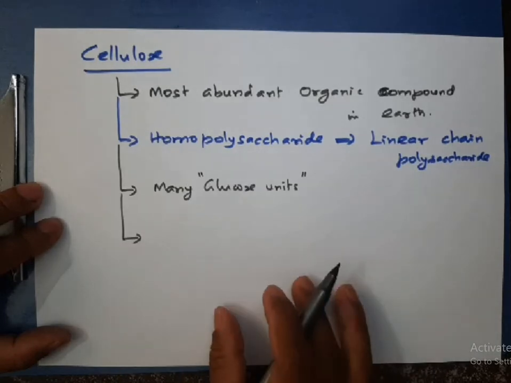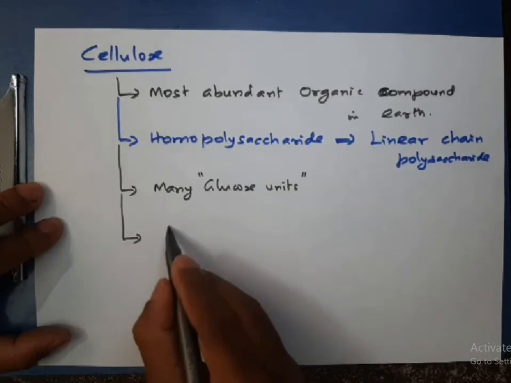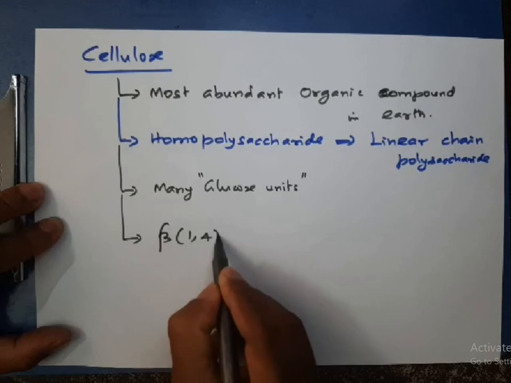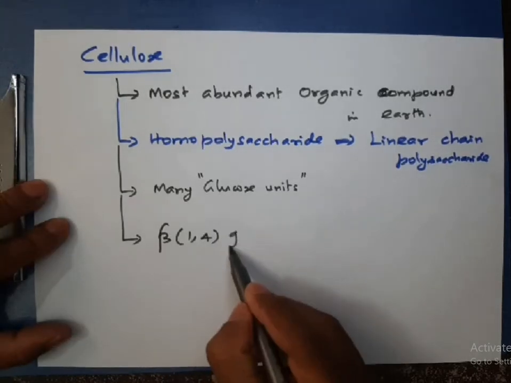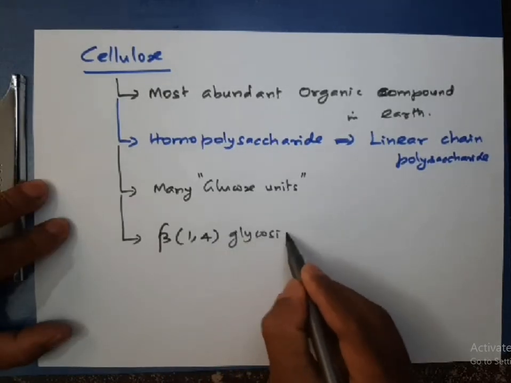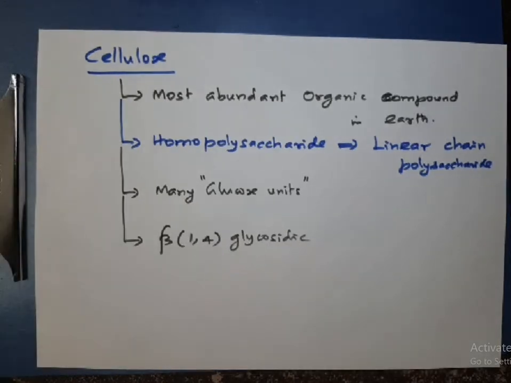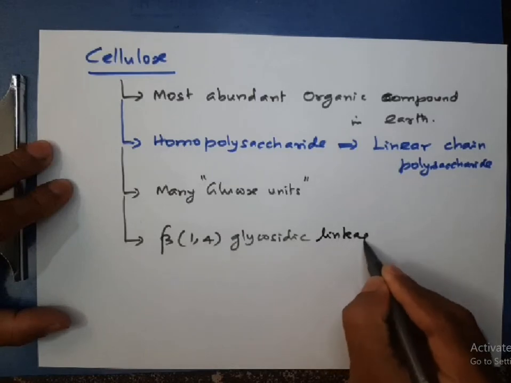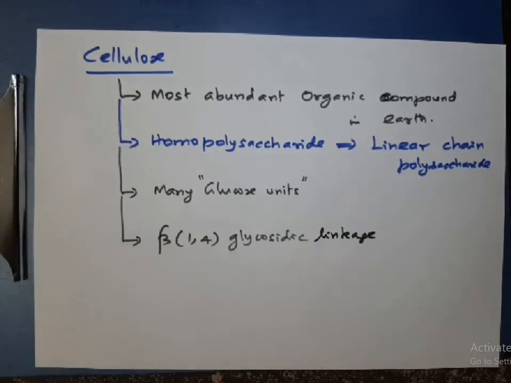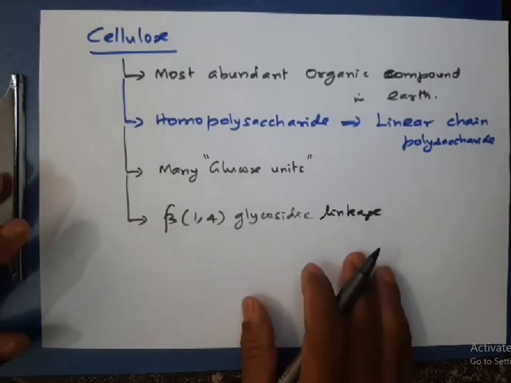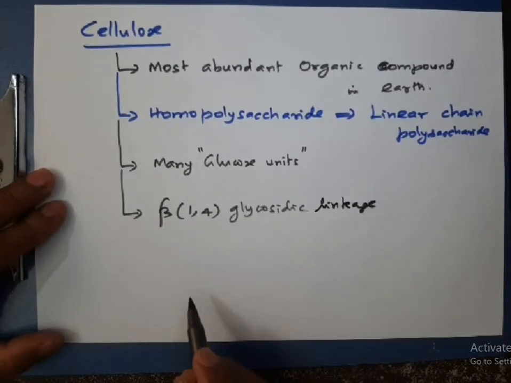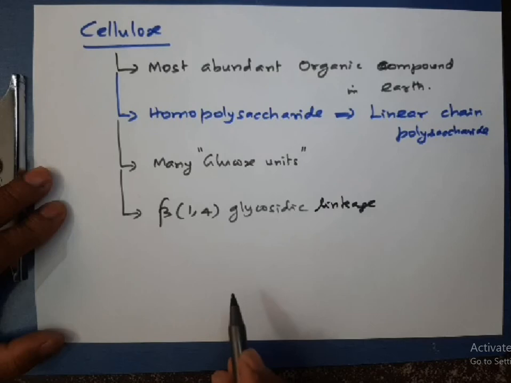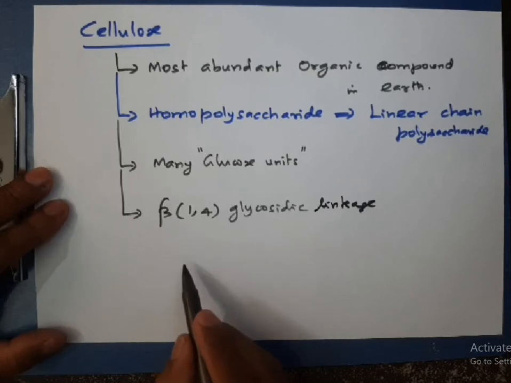Adjacent glucose units are connected through beta 1,4 glycosidic linkage. Beta 1,4 glycosidic linkage exists between adjacent molecules. Let me draw and show the structure. I'll take one molecule here.